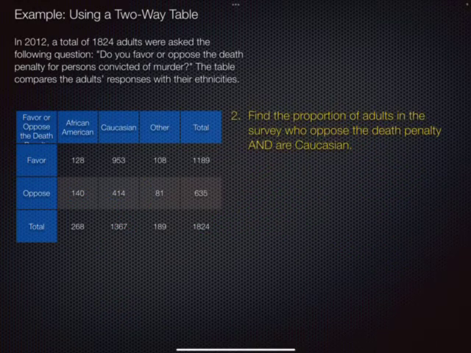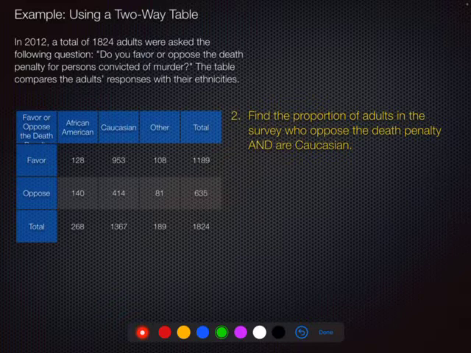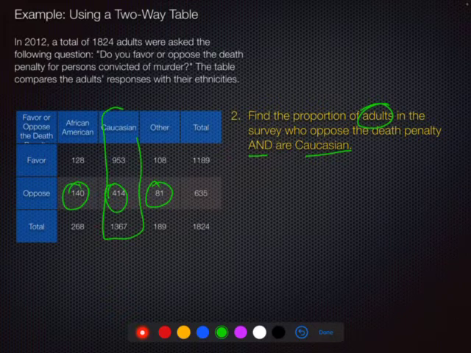Next question. Find the proportion of adults, so we're dealing with everybody in the survey, who oppose the death penalty and are Caucasian. Okay, so now we're doing an and statement. First of all, we can only be dealing with Caucasians, because they have to make the second part true, but at the same time they have to make the first part true, opposing the death penalty.